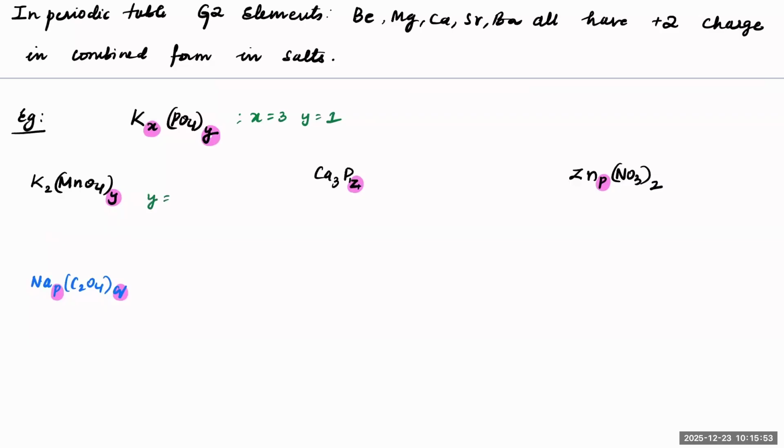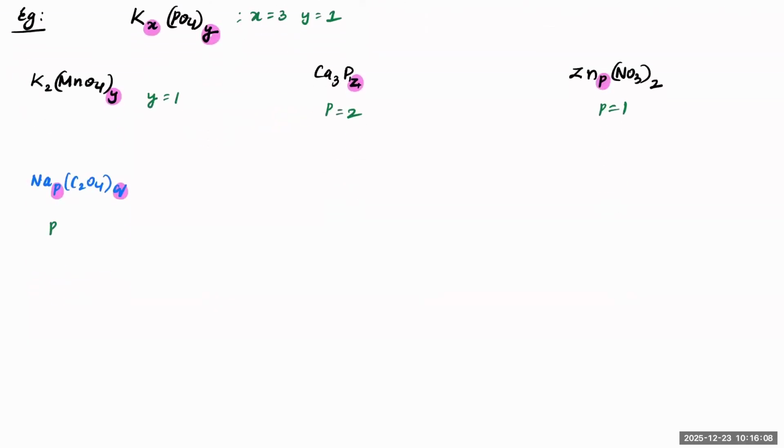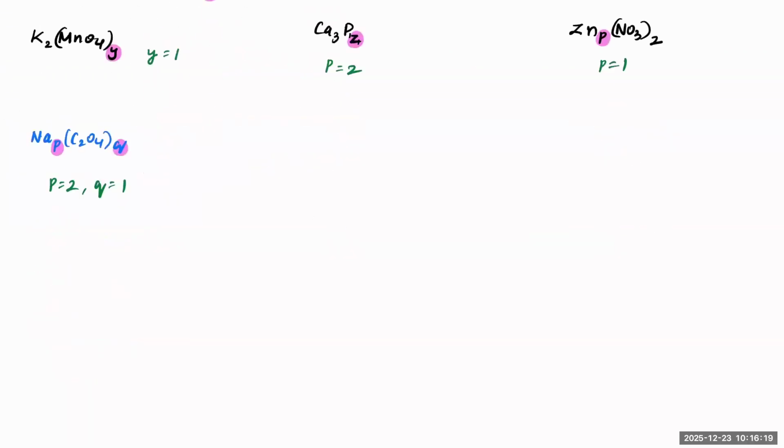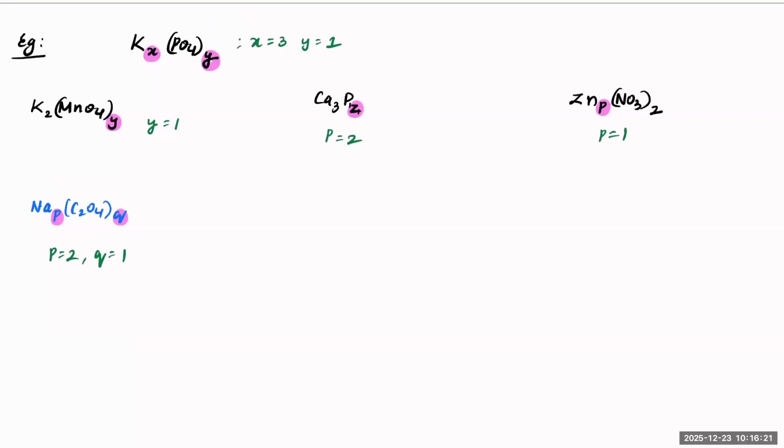So y has to be 1. Here, if calcium is 3, phosphate has to be 2. Here it has to be 1. And here p has to be 2, q has to be 1. So I hope you understood how to judge on the salt forms.